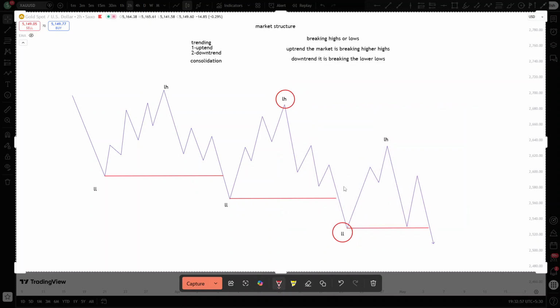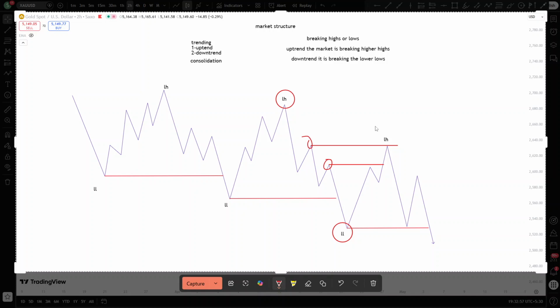So all this that the market is doing, giving us a breakout here, this is not the break of structure. This is just the market giving you a sweep of liquidity, taking out some stop losses. This is not the change of structure.